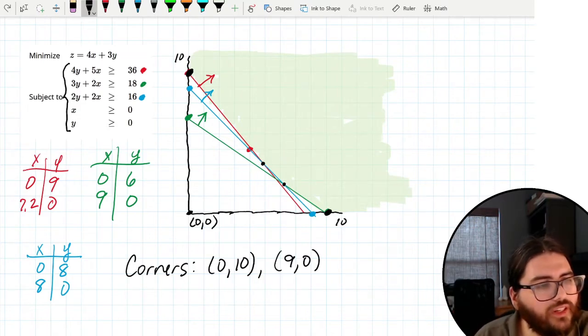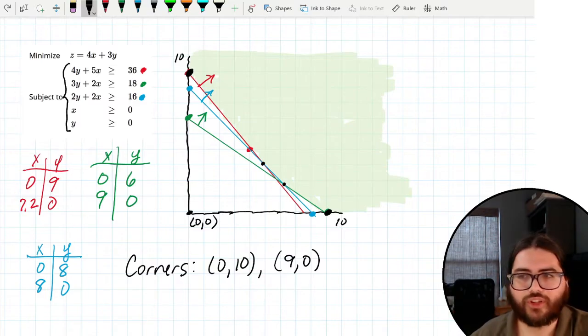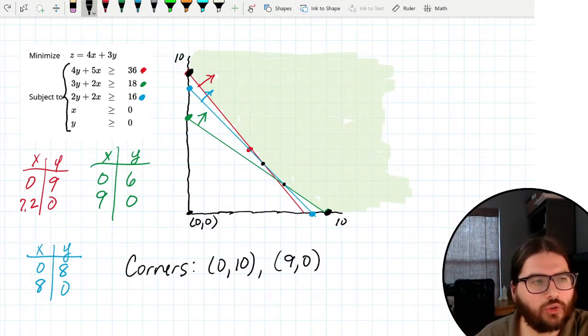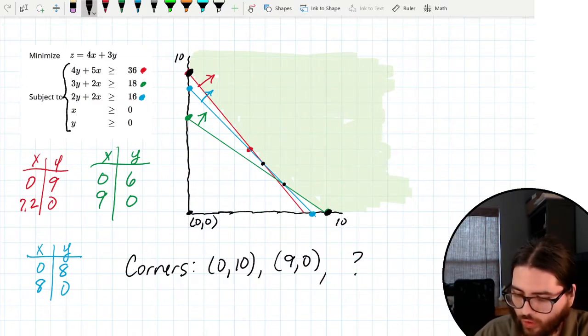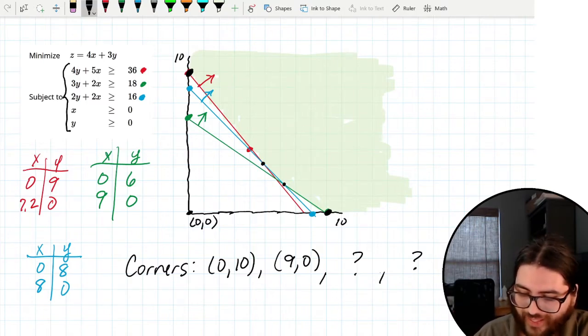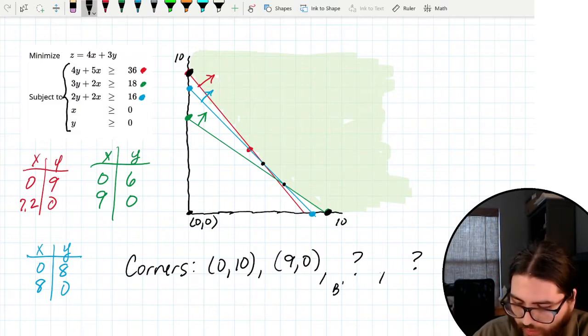They're kind of floating nearby whole number intersections, but I don't know if it's just because I drew the graphs badly or if they really are at fractional intersection points. I need to figure out what they are. So I have two unknown corner points. The nice part, though, is that I know one corner point is at the intersection of the blue line and red line.